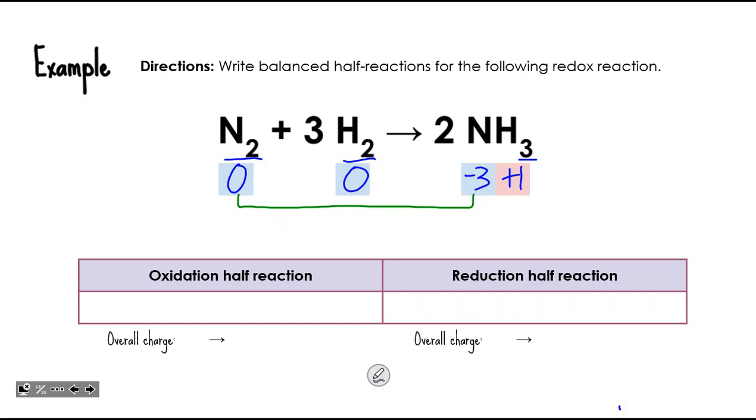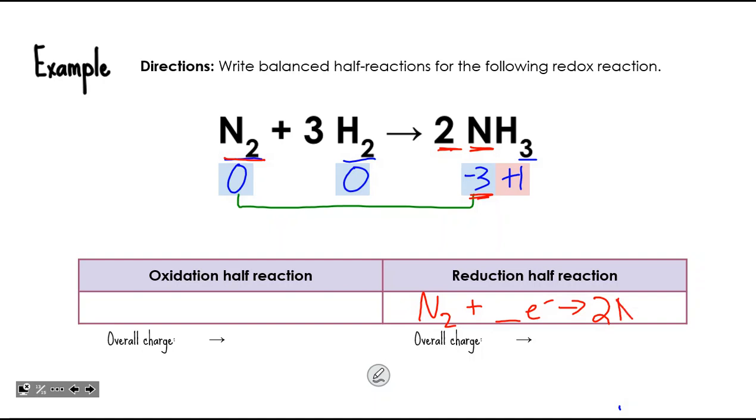Reduced. Okay, so I have to start over here. Where it's going to get a little crazy here is because we have N2. We have our N2. And we know we're going to be adding in a certain amount of electrons. We just don't know what they are yet. But that's going to produce over here 2 of the nitrogens at -3.